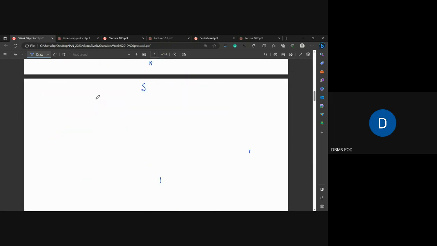Now let me give one example. Suppose there is a schedule S with T1 and T2.